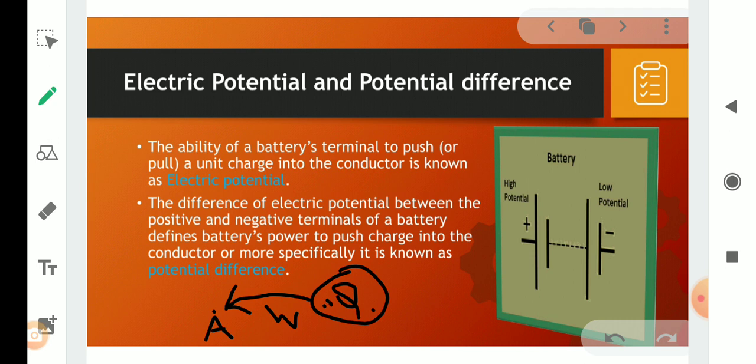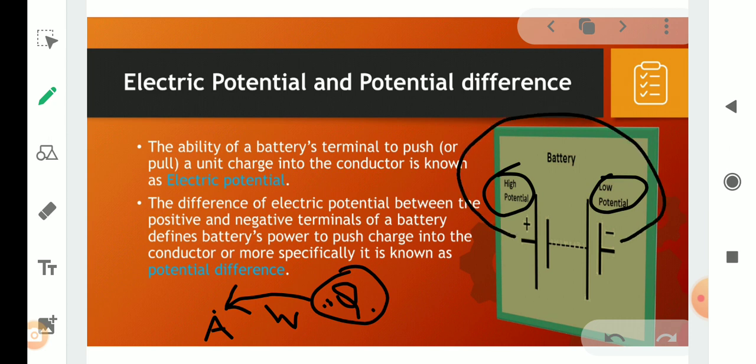Then what is potential difference? In a battery you can see there is a difference: one side, the positive terminal, has high potential and the negative terminal has low potential. Work is done in bringing the charge from one terminal towards the other terminal.